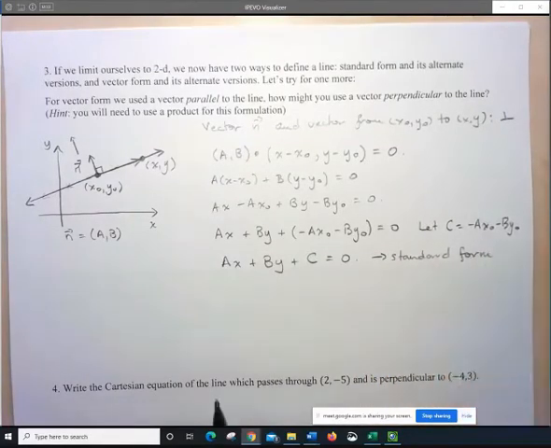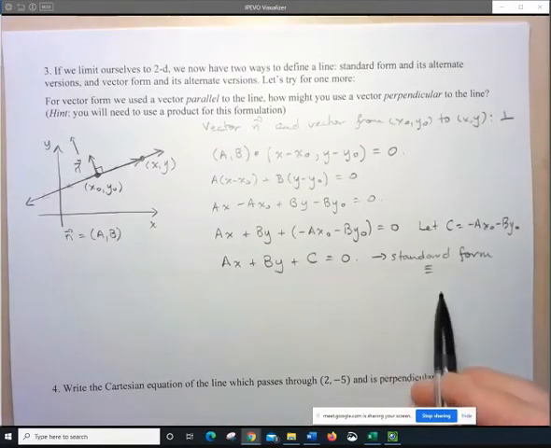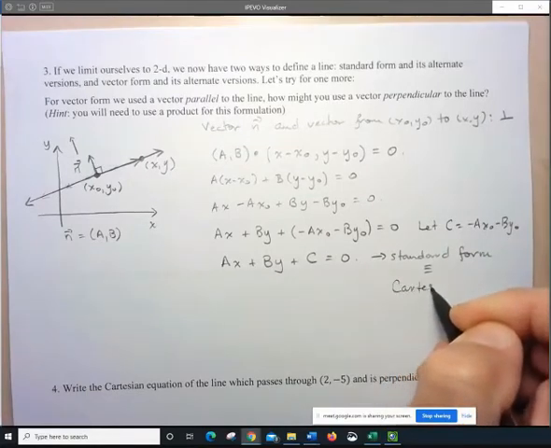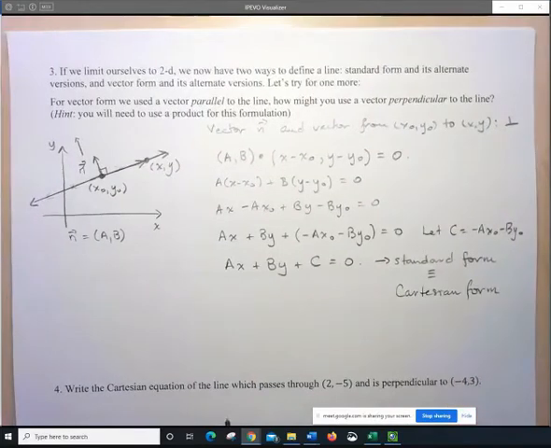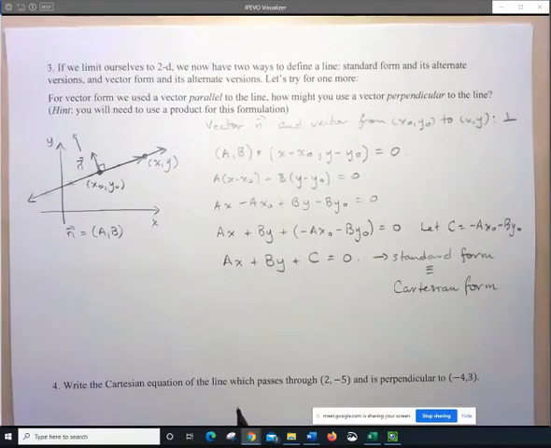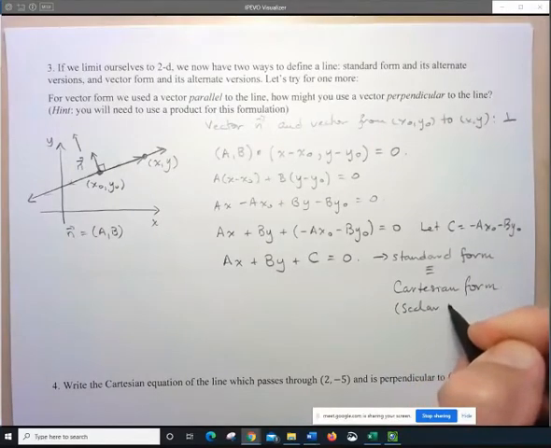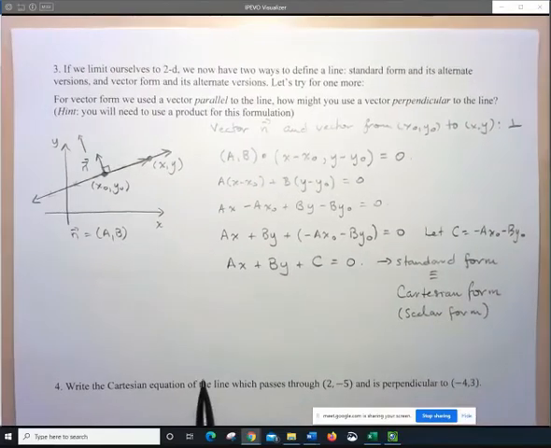what we used to know as standard form, is the same as, that means is equivalent to, what we now call Cartesian form, the Cartesian equation of the line, sometimes also called the scalar form, but this is the more common one, okay?